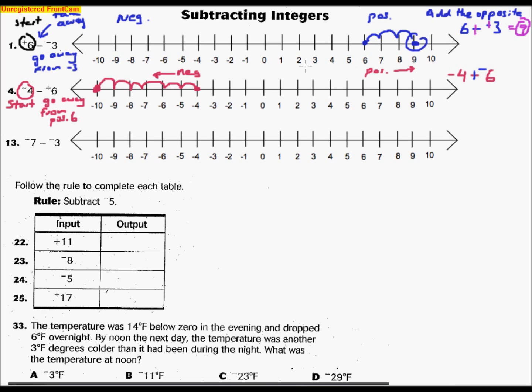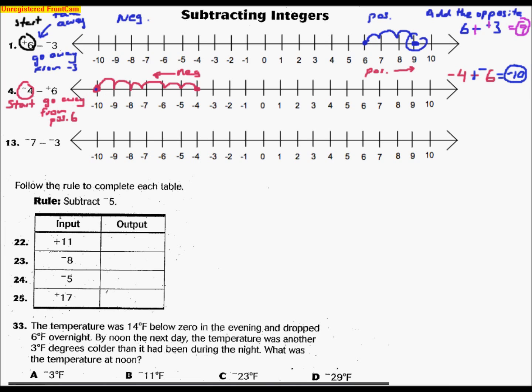That's what I was doing here. I was going in the negative direction, 6 spaces, because I was going away from +6. I was taking away 6. If I take away +6, it means I'm going in the negative direction. I'm adding the opposite. Change subtraction to addition, next number to its opposite. When I have the same sign and I'm adding, I actually do add, and I end up with -10, the same answer I got when I used the number line.